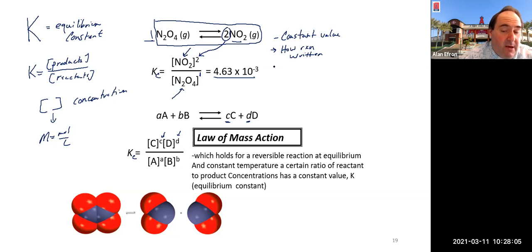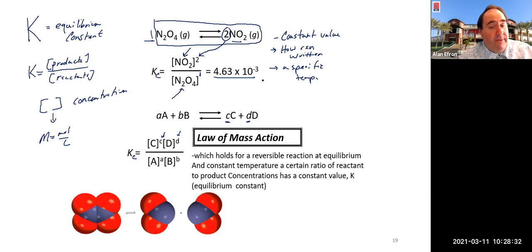It is also constant for a specific temperature. As we will talk about in this chapter, the one and only thing that affects the actual value of an equilibrium constant is temperature.